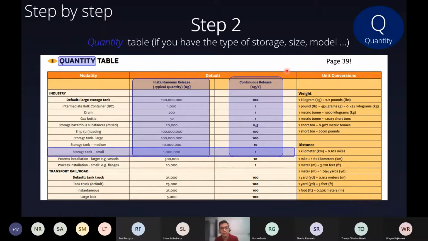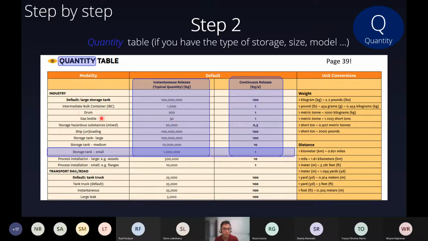And if there is a continued release, it is assumed that would be 1 kilogram per second. But from this table, what you need to extract is the quantity in kilograms. 1 million, 10 million, 100 million, 20,000, 50.